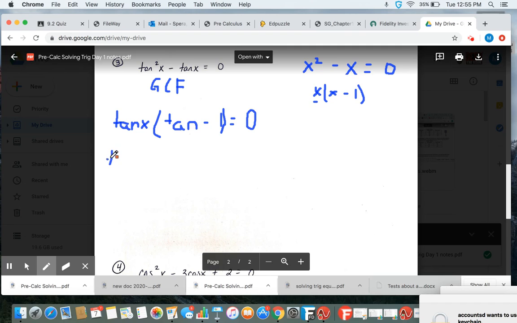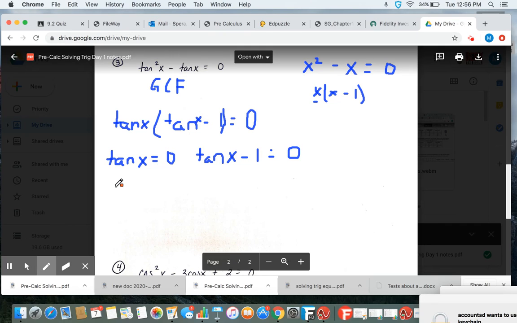I'm going to set tangent x equal to 0. And I'm going to set tangent x minus 1 equal to 0. All right, as I do that, I noticed I left out an x right here. So this still had an x.